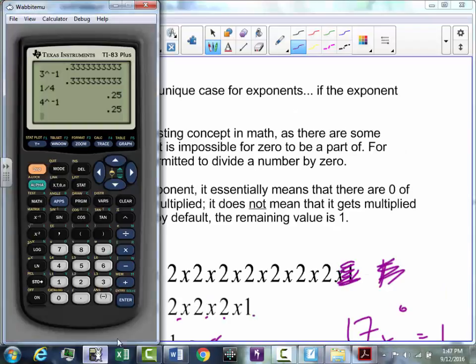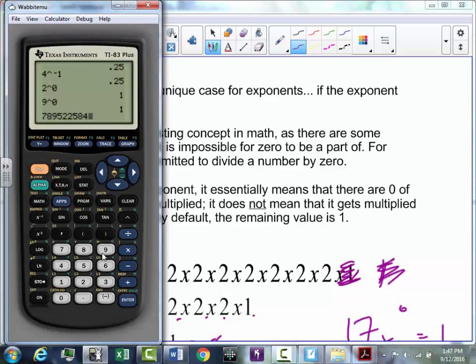Let me show you an example. 2 to the power of 0 is 1. 9 to the power of 0 is 1. 789, and I'm just going to type in as many random digits as I can, to the power of 0 is 1. The logic being, you're not writing the number at all, but the number that you're not writing at all could always be times by.